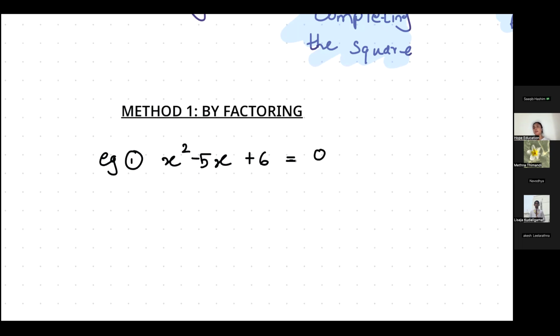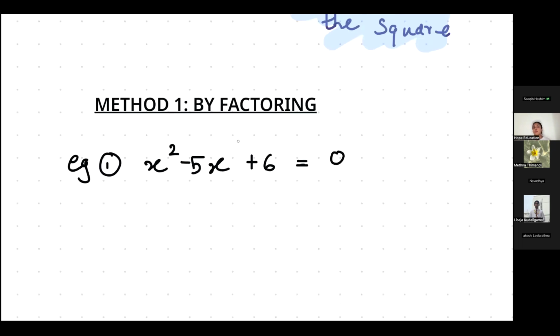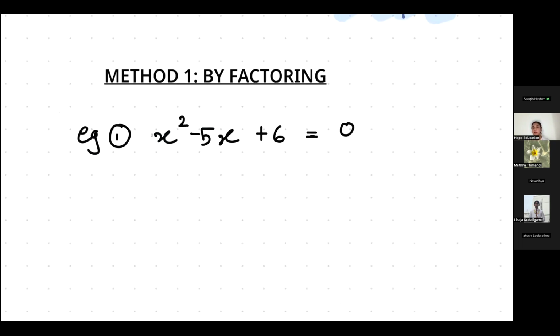Okay, let's recall. This is a quadratic expression, right? We have x squared minus 5x plus 6. We already know how to factorize this, right? In grade 10 we learned this already. Here 1 multiplied by plus 6 is plus 6x squared. So we have to see how plus 6x squared is made.